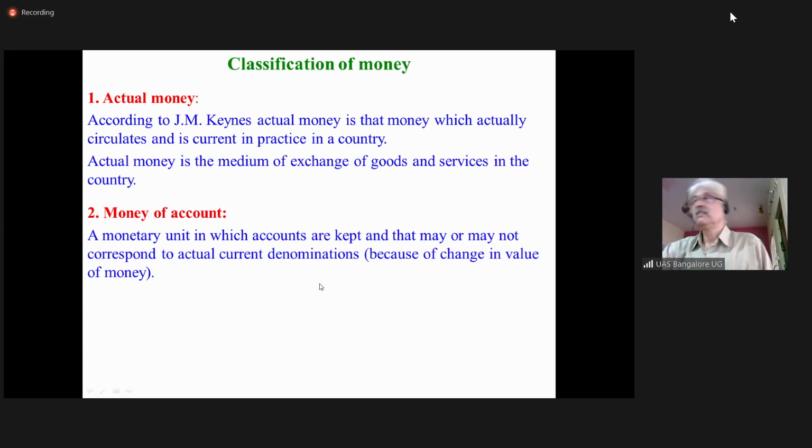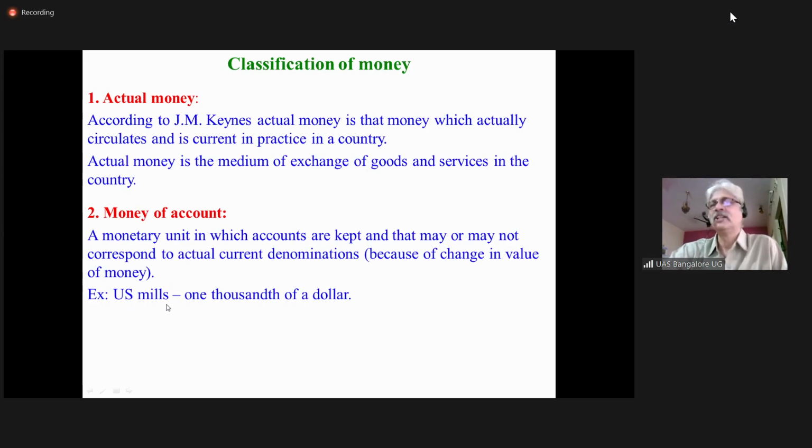But in some countries, they use another monetary unit which is not related to the actual money in circulation. Okay. Now, for example, in America, there is one monetary unit called mills. Mills is a monetary unit, but it is not the actual money.